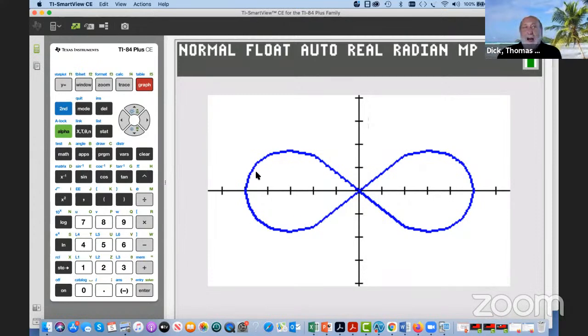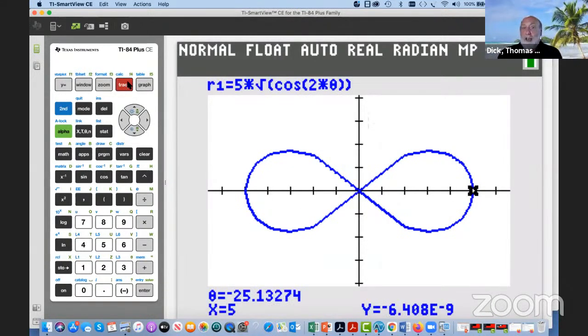Okay. I'm going to go ahead and turn on the trace. The trace is really neat on a graphing calculator. Here we see the equation, our f of theta, if you will, for R. But we're also given the theta value that we're at, as well as the x and y coordinates.